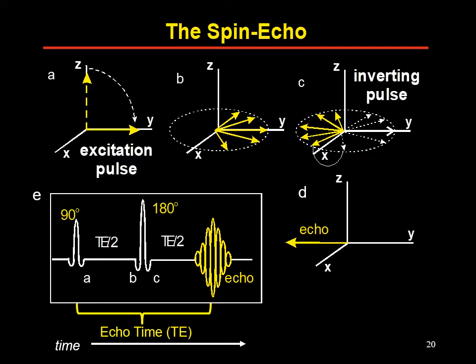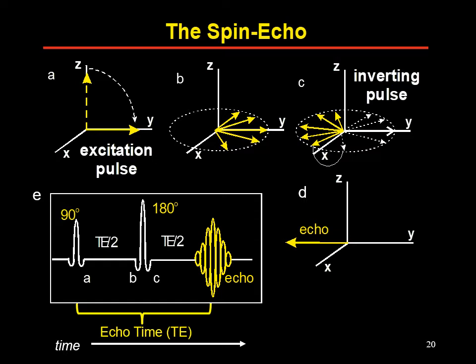In this orientation, the component vectors that are precessing faster than the slower components catch up to the slower components, and everything comes back into phase, as is shown in part D, and what is known as an echo is formed. E illustrates the sequence.